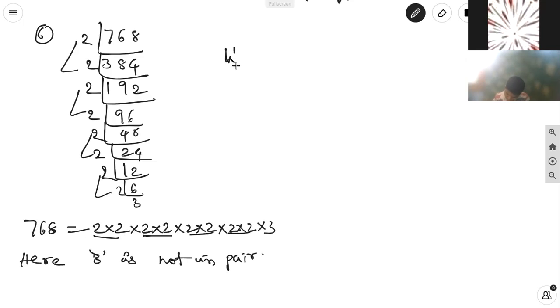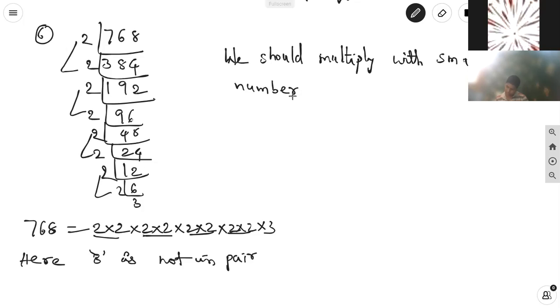So we should multiply with the smallest whole number 3 on both sides. Then it makes it a perfect square.